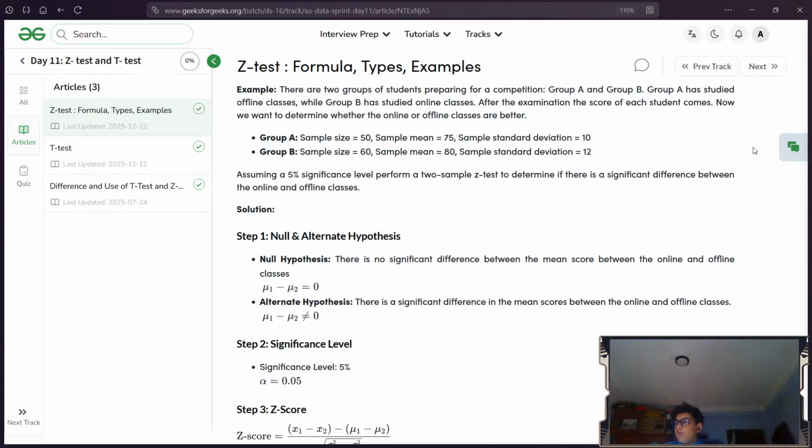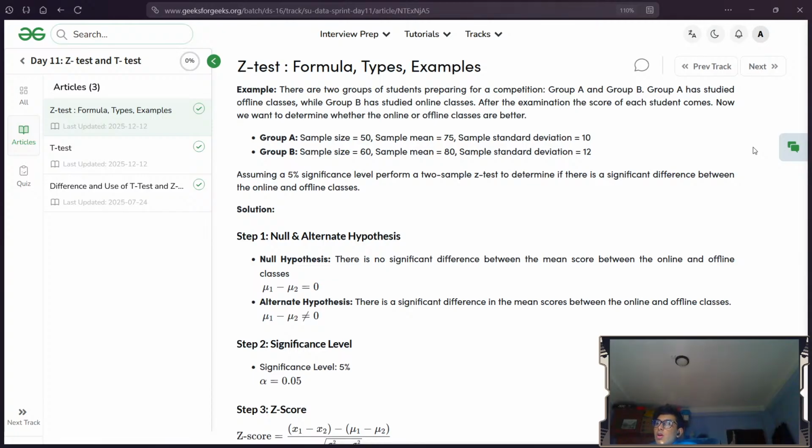There are two groups of students preparing for a competition, Group A and Group B. Group A has studied offline classes, while Group B has studied online classes. After examination, the score of each student comes. Now we want to determine whether the online or offline classes are better.